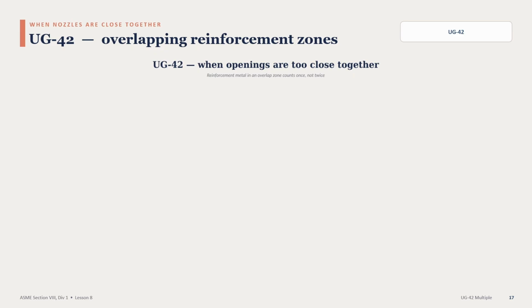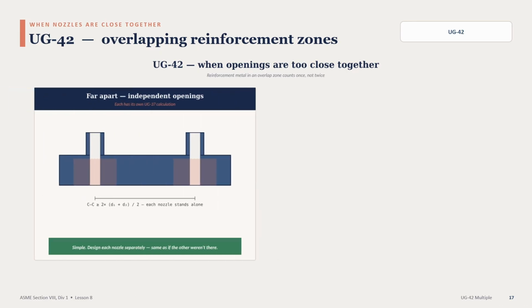Real vessels usually have multiple nozzles, and sometimes those nozzles are close to each other, close enough that their reinforcement zones overlap. When that happens, UG-42 applies. Far apart, each nozzle has its own reinforcement zone, and the zones don't touch.